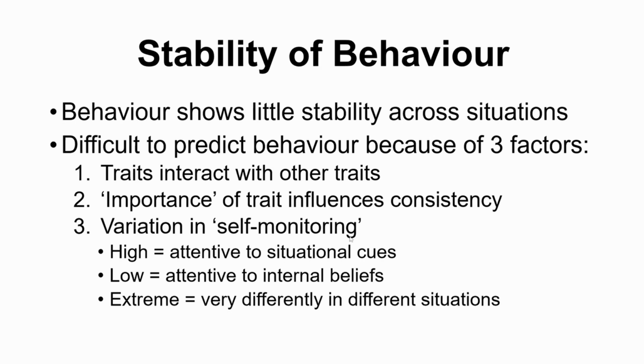And that can tie into something called self monitoring, because some individuals might pay attention to things like, oh, I usually say no to invites, and I don't want people to think that they should stop inviting me. So maybe I'm going to make a different decision for a more cognitive reason rather than a more trait based biological reason. And we have people who are going to be more attentive to these types of cues.